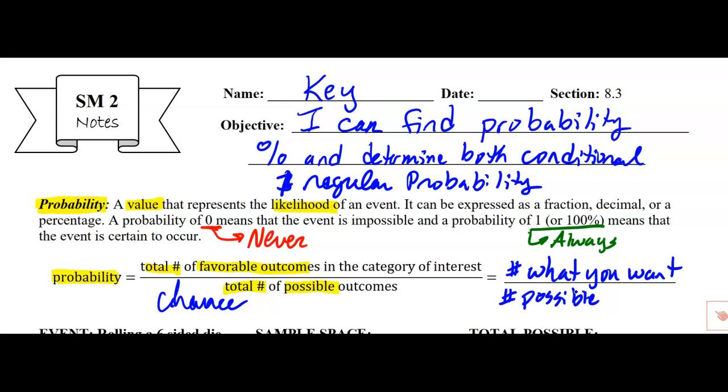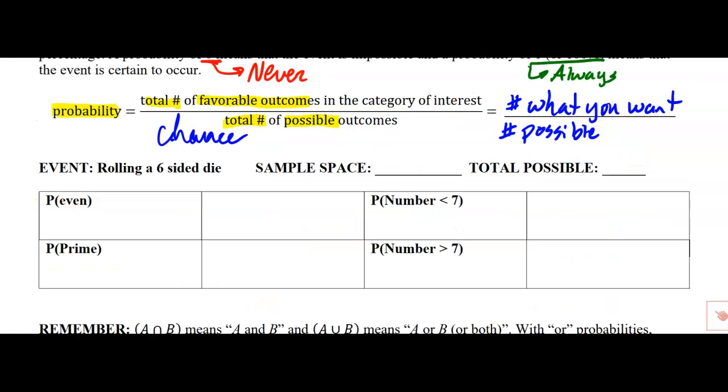All right. So let's look at a sample space of rolling a 6-sided dice. If I roll a dice, obviously one side is going to show up, and that's the dice roll, all right?